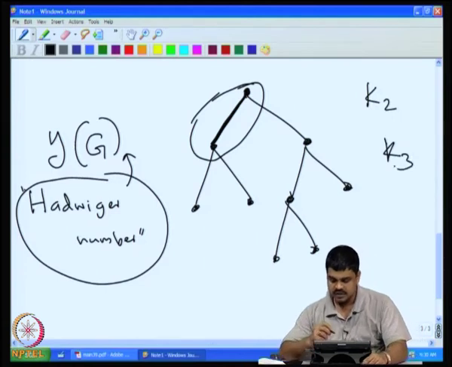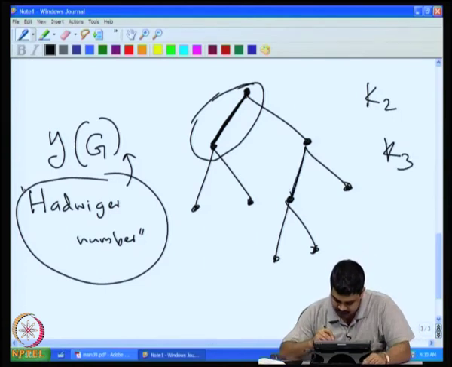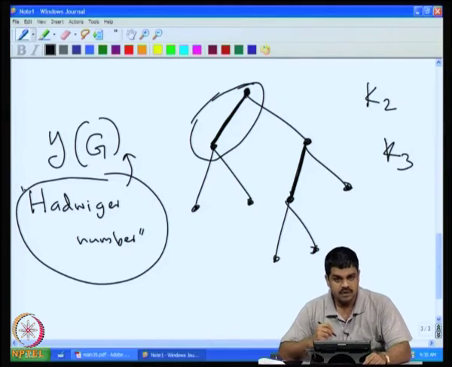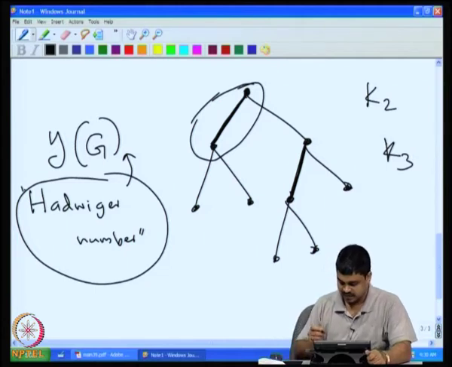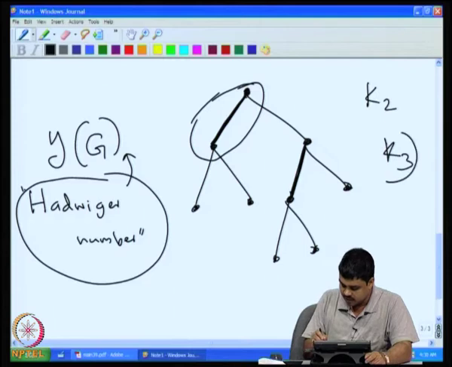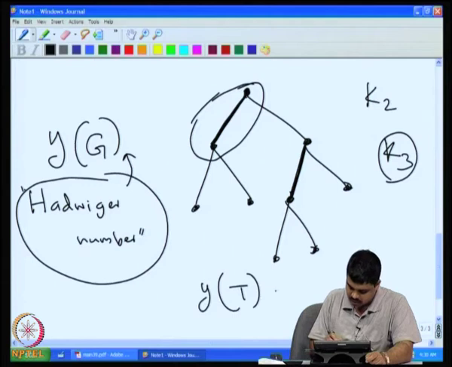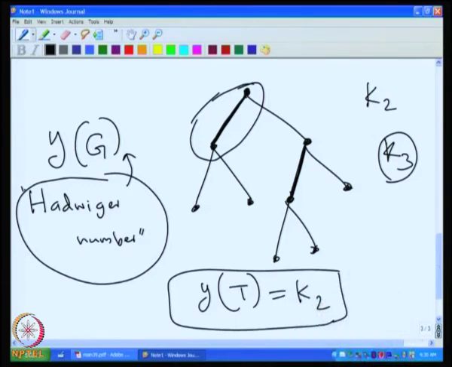The crucial thing that we have to see is that if we contract any edge here, what we get is again a tree. Therefore, as we contract, the tree property will not be lost. After contraction it will always be a tree. So, we will never generate a cycle from that. Therefore, K3 will never come. So, K2 is the biggest clique that we can get from this thing, eta of T is equal to 2 for any tree.